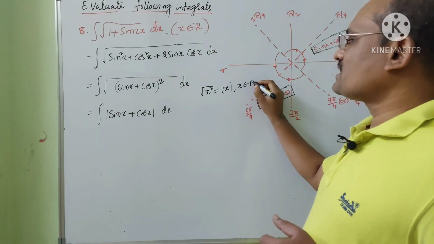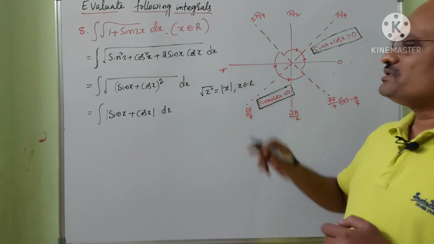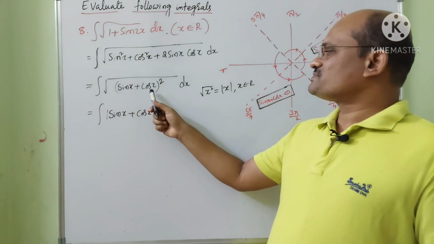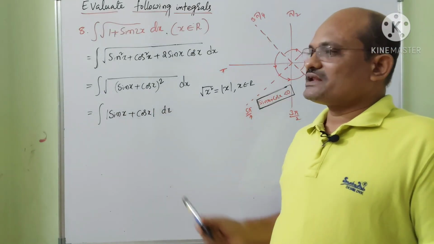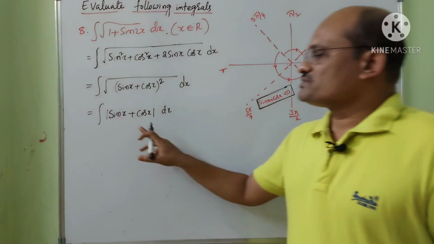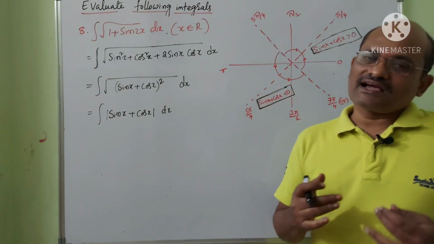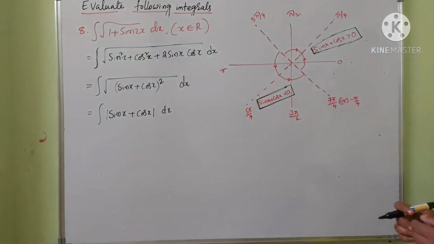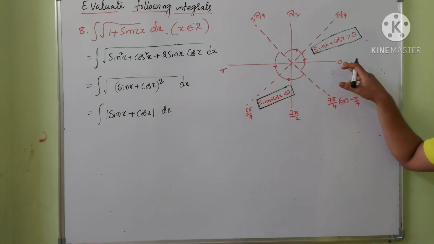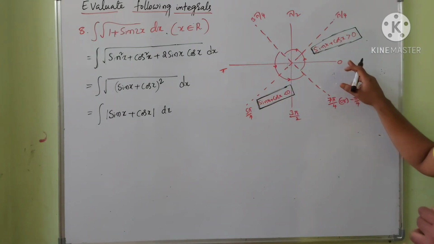Since x is a real number, x may be positive, x may be negative. That's why we'll put mod x. So students, root of sin x plus cos x whole square is mod sin x plus cos x. Now we have to see where sin x plus cos x is positive, where sin x plus cos x is negative. In trigonometry, we have quadrants 0, pi by 2, pi, 3 pi by 2, 2 pi.